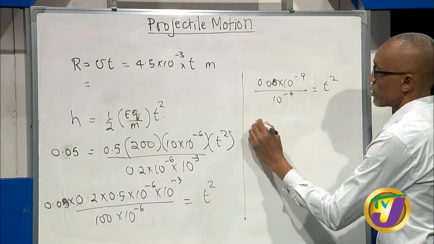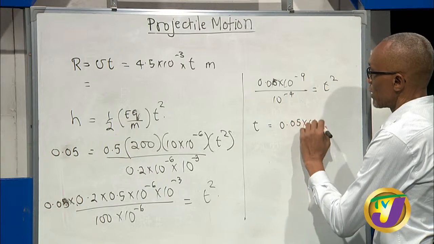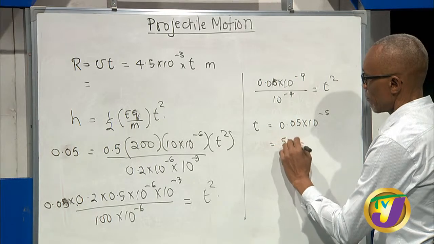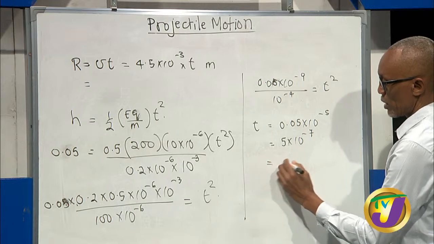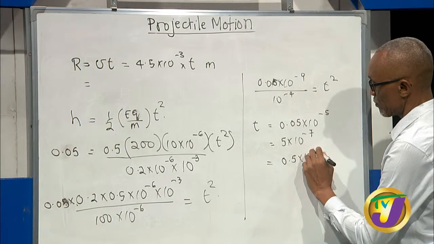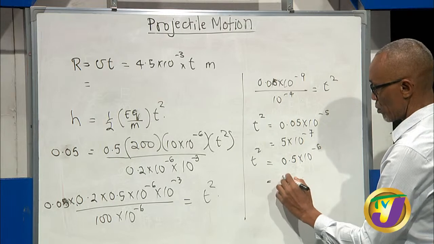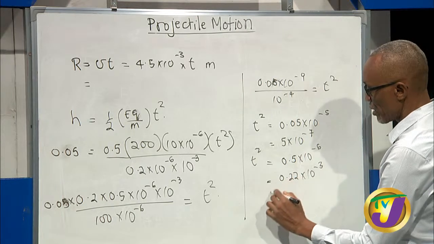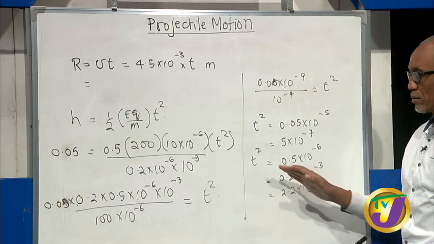equal t squared. So t would be equal to the square root of 0.05 by 10 to the negative 5, which is 5 by 10 to the negative 7, which would be equal to 0.5 by 10 to the negative 6 t squared, and that would be 0.22 by 10 to the negative 3, or 2.2 by 10 to the negative 4 seconds.